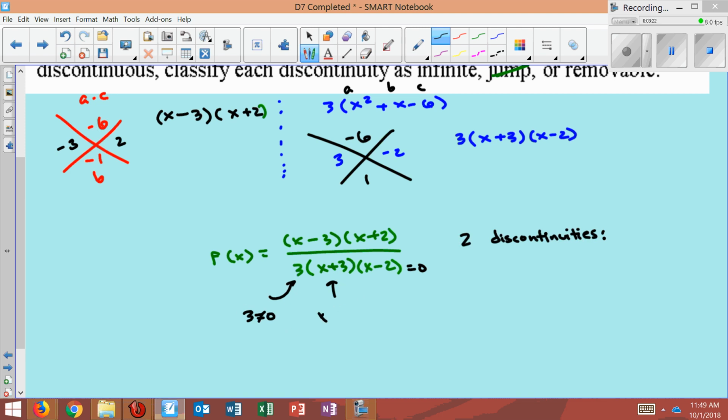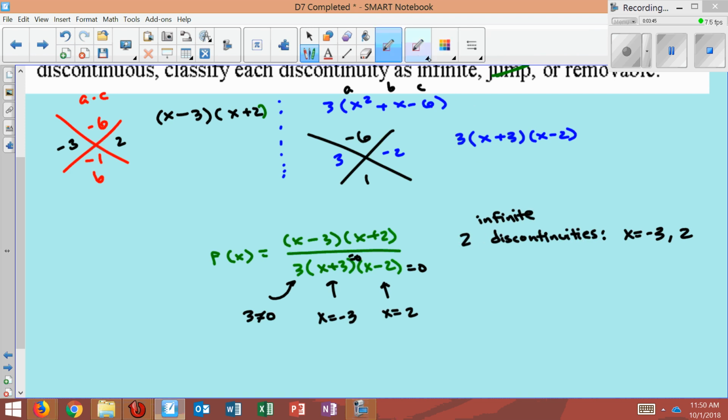But here, if you set this parenthesis equal to 0, x would equal -3, and we would have problems. And here, if that were equal to 0, x would equal 2, also a problem. So at x equals -3 and +2, we have discontinuities. These are both infinite discontinuities because they did not get canceled.